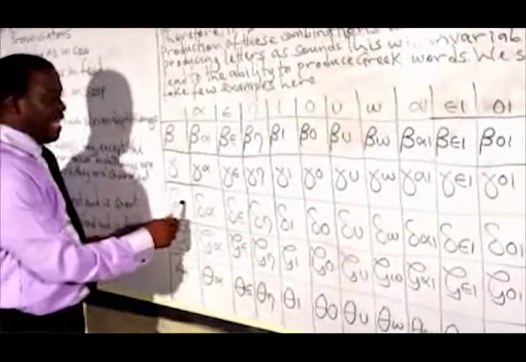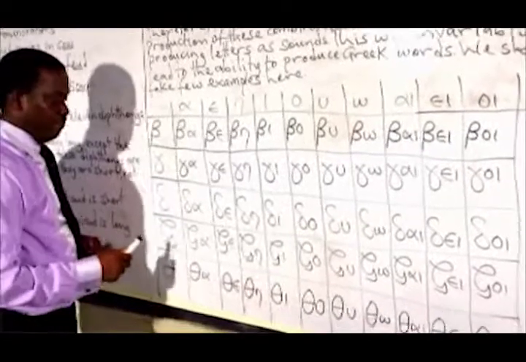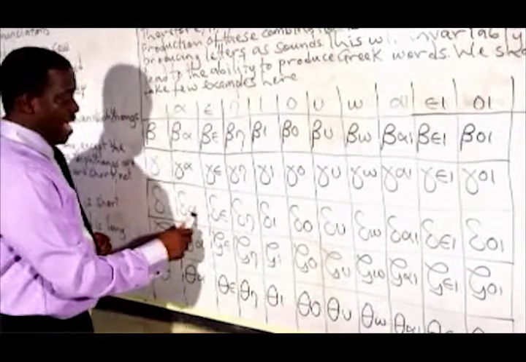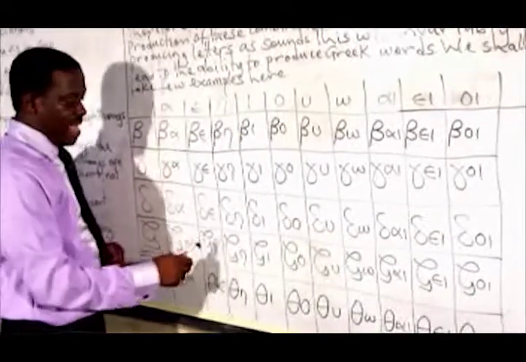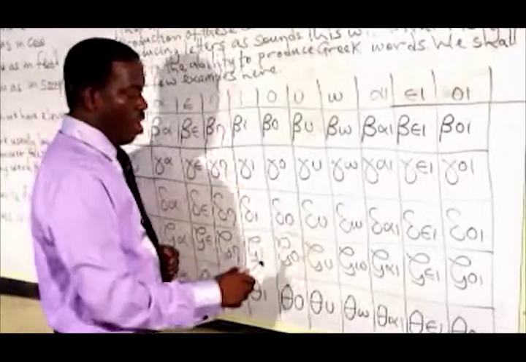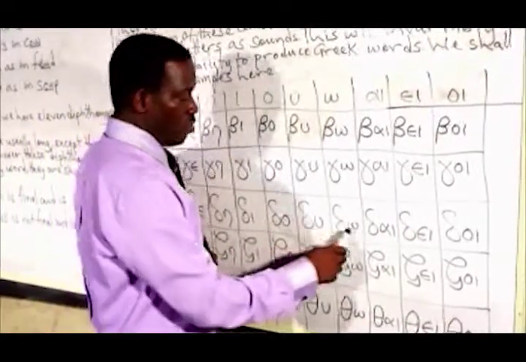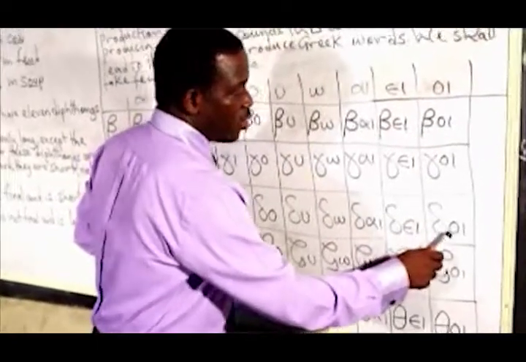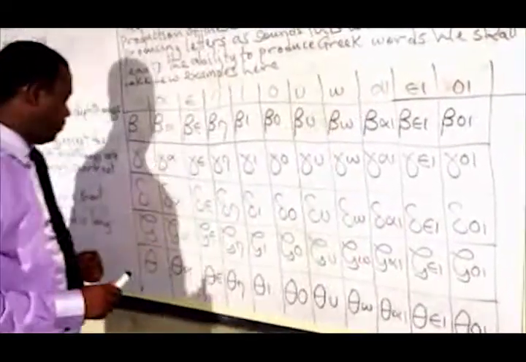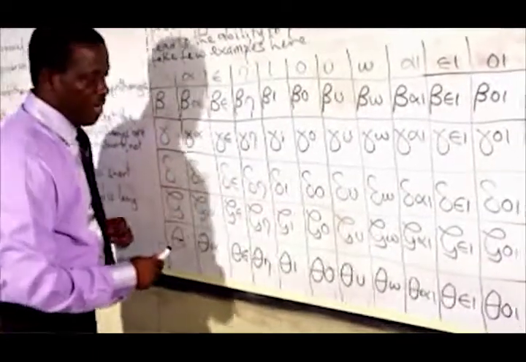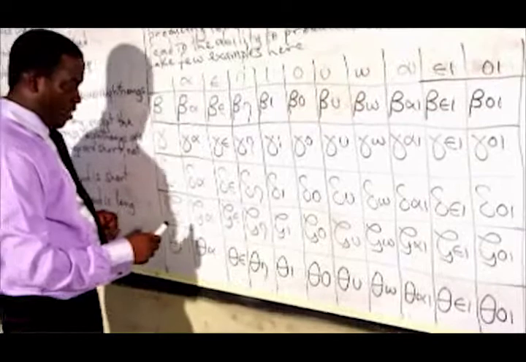Here we have delta combined with the vowels and diphthongs. We have da, de, di, do, die, day, doi. Here we have a combination of zeta with the vowels and the diphthongs.